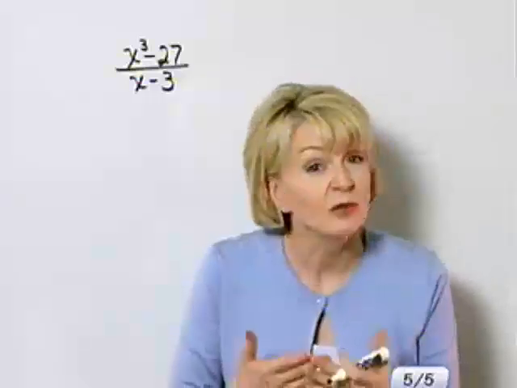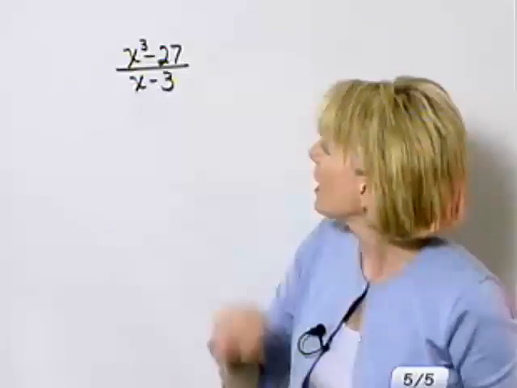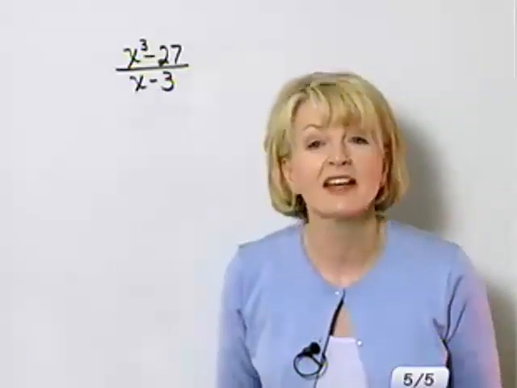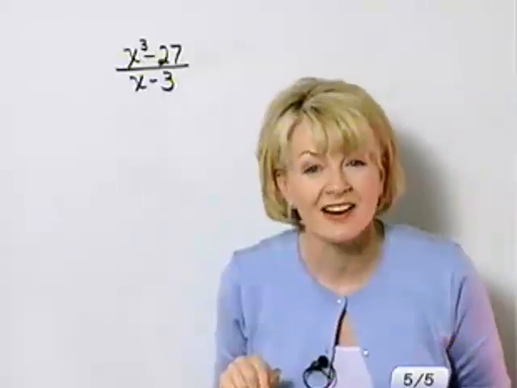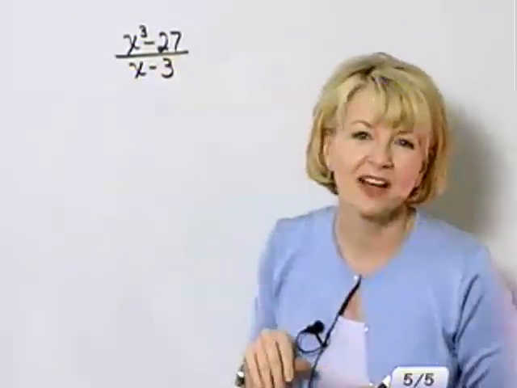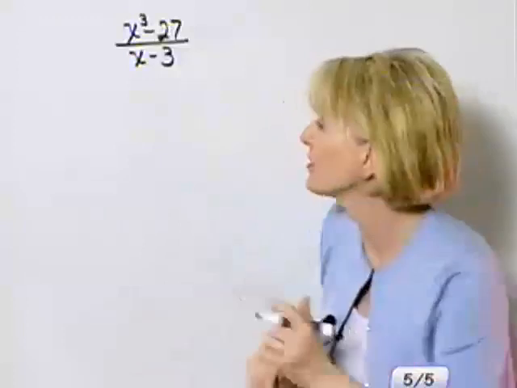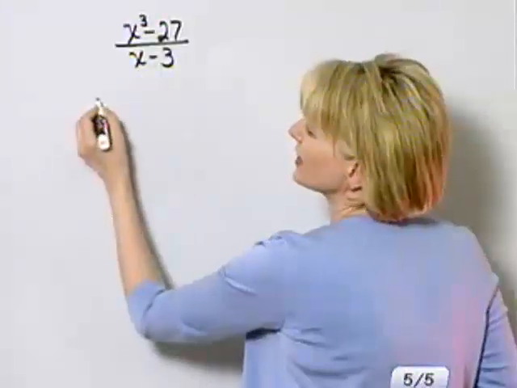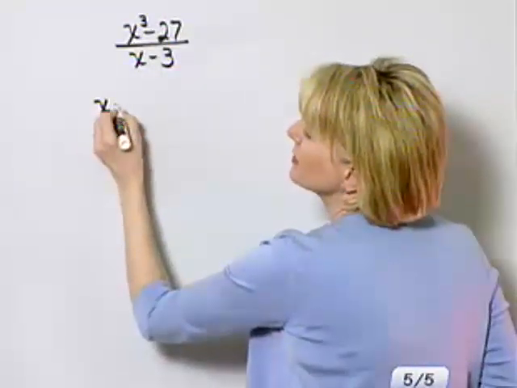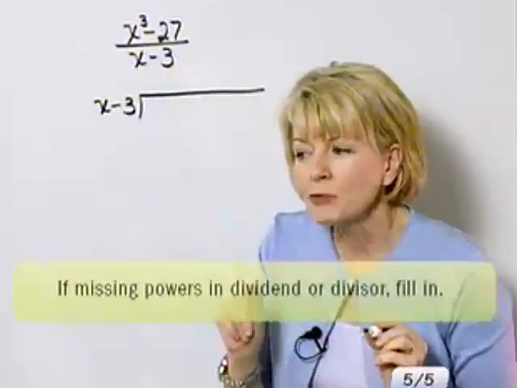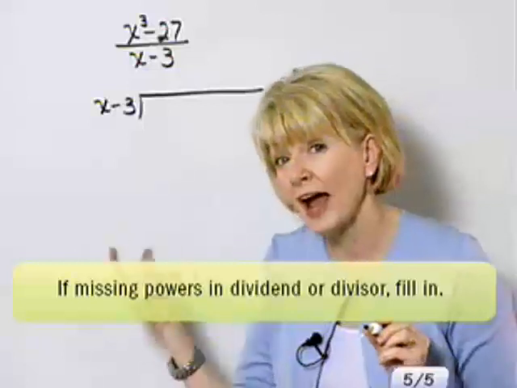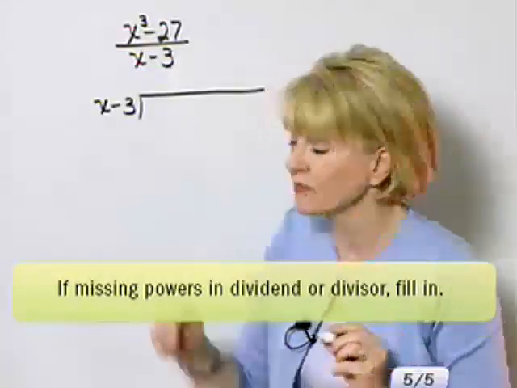We are now going to long divide. I'm dividing by a binomial, x minus 3. Notice for this division, we do have some missing powers of x in the numerator, or the dividend, however you want to think of it. Now this is the divisor, so I'll write down x minus 3 into, and I'm going to fill in those missing powers with a coefficient of 0.